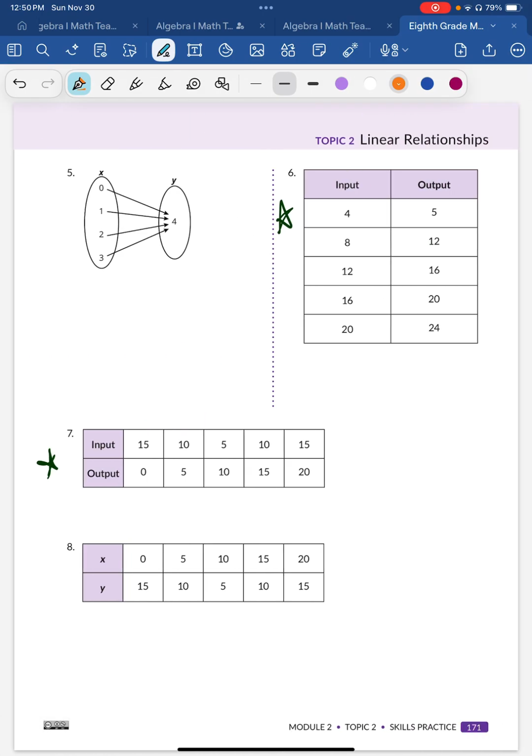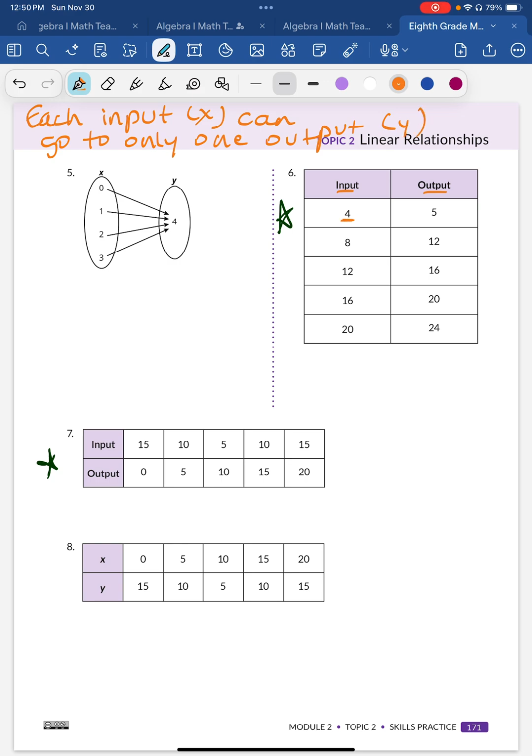Well, first of all, let's look at a table. We have input and output. So each input, which is our x, can go to only one output, which is our y.